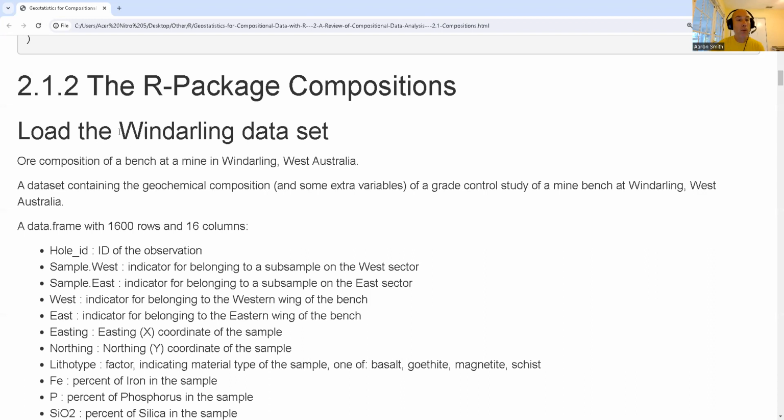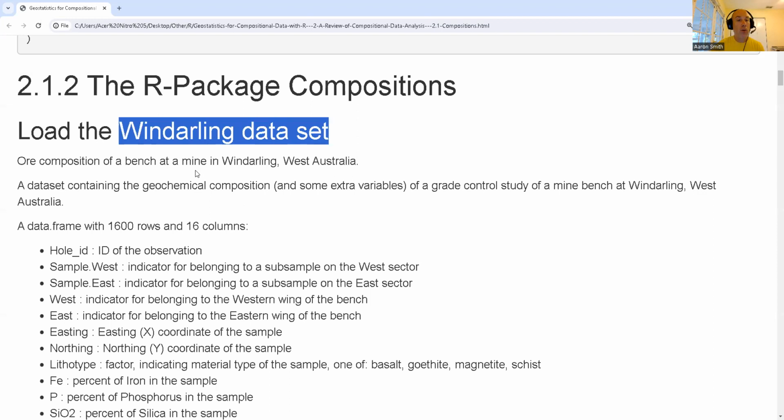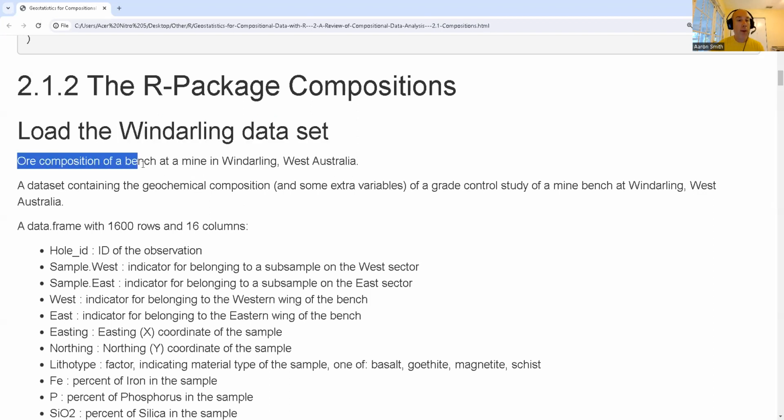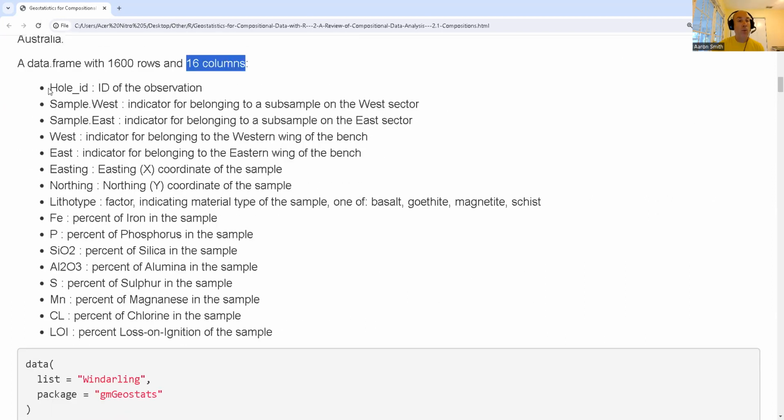All right, and here there's the Windarling data set. This is the ore composition of a bench at a mine in Windarling, West Australia. The data set contains geochemical compositions and some extra variables in a grade control study of a mine bench in Windarling. We have 1,600 rows and 16 columns, and here we can see the range of values.